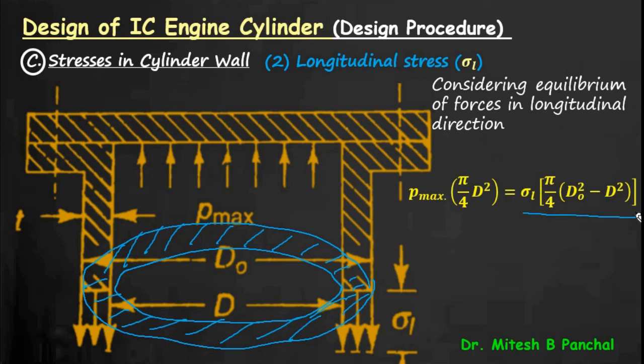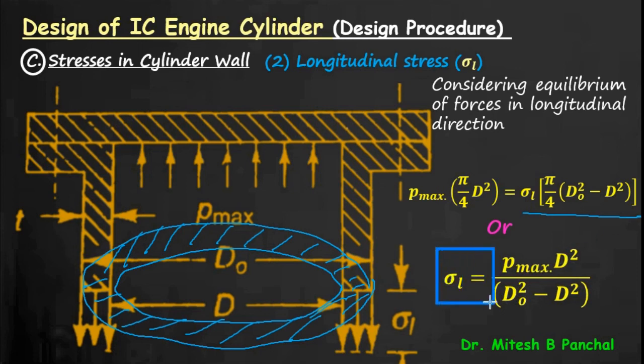From this equilibrium of forces we can obtain sigma L, that is P max into D square divided by (Do square minus D square). This is the relationship using which we can estimate the longitudinal stress.